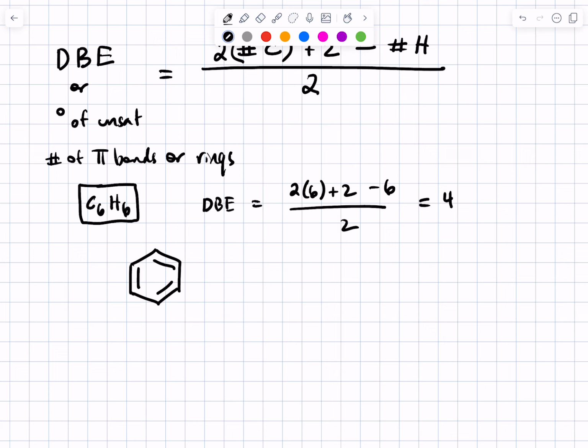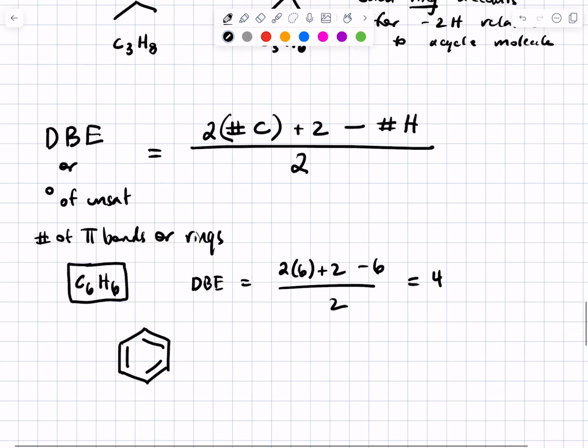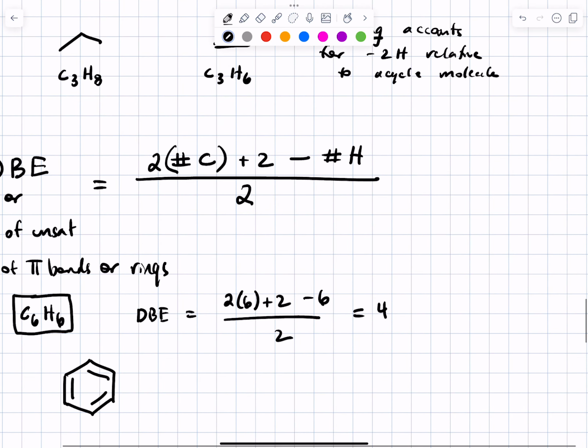Okay? Now, of course, organic molecules have much more than just carbon and hydrogen. They also have oxygens and nitrogens. Nitrogens are bonded to a different number of hydrogens than carbons are, so you have to account for that in your formula. You actually have to add the number of nitrogens, if there are any.